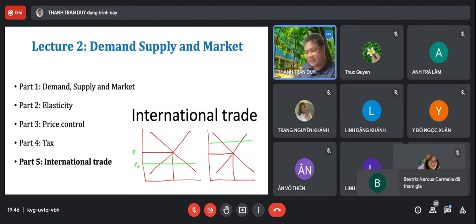Now, if the world price is lower than our price, in this case, we will import. Is it right? And if we import, then with this low price, the total consumption, total demand will be higher. But domestic producers can sell a very low quantity.